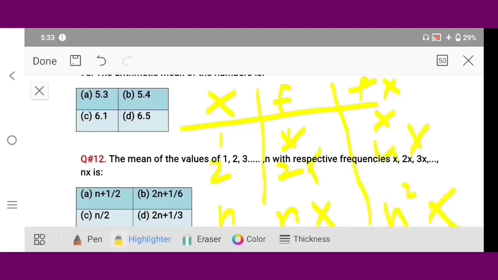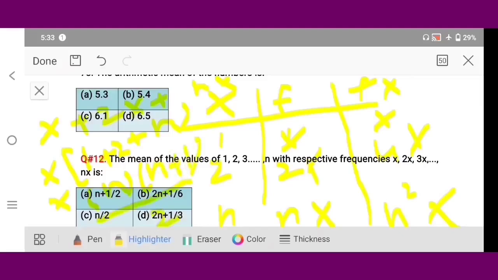So when we add the f column, we get x plus 2x plus up to nx. Here x is common, so 1 plus 2 up to n gives x into n plus 1 by 2.